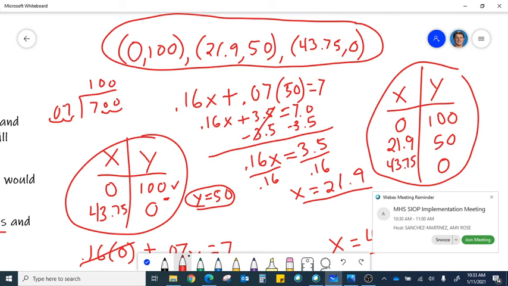Okay, and that's it. So there you have 3 points right there. Those are just 3 examples. There are lots of different examples that you can use.